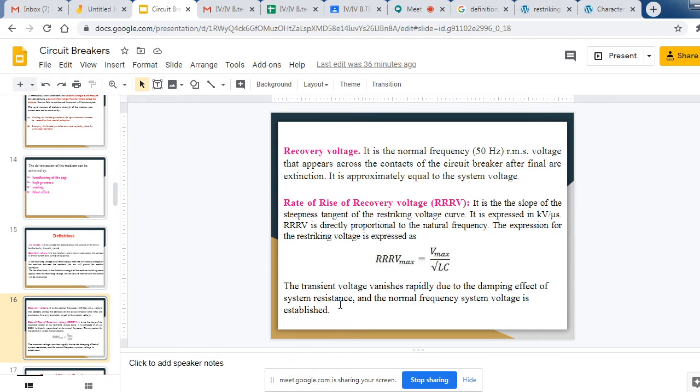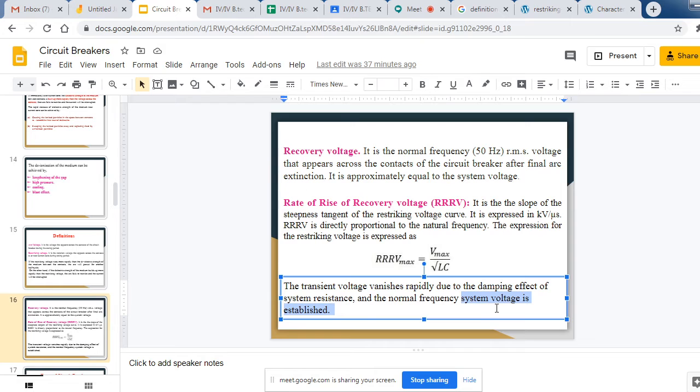When the damping system vanishes the transient voltage, the transient voltage is damped out, then it reaches the recovery voltage. That recovery voltage is approximately equal to the system voltage. Right? In the waveform, by the end, the recovery voltage follows the system voltage after these transients vanish.